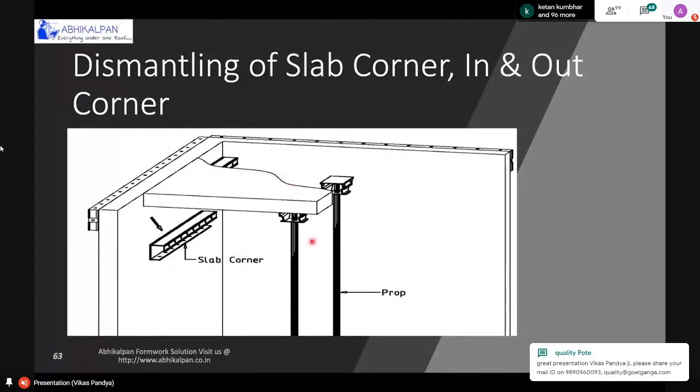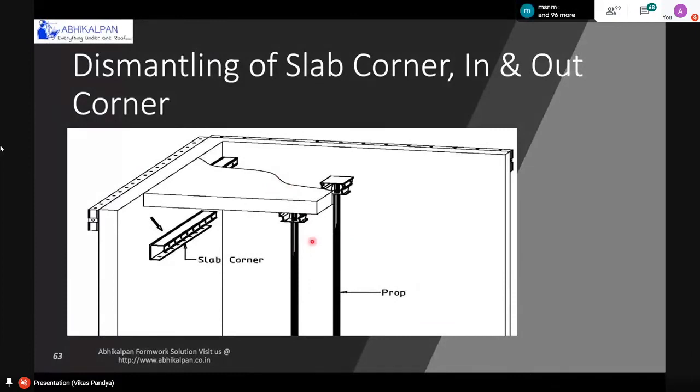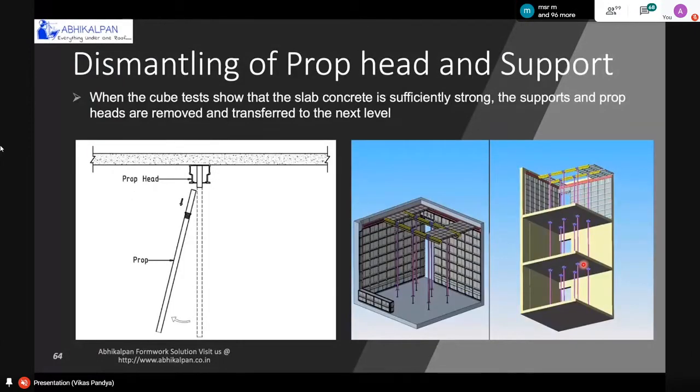As you can see in this picture, we are using 3 levels of prop. After this, the panel will be used for the next slab. Generally, in the aluminum system, we use 2 levels of prop.